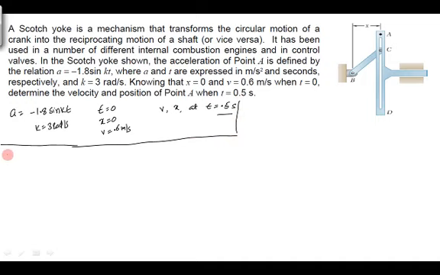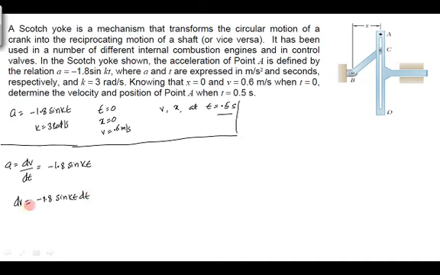So let us start from this relation where acceleration a equals dv upon dt equals -1.8 sin kt. Rearrange: dv equals -1.8 sin kt dt.